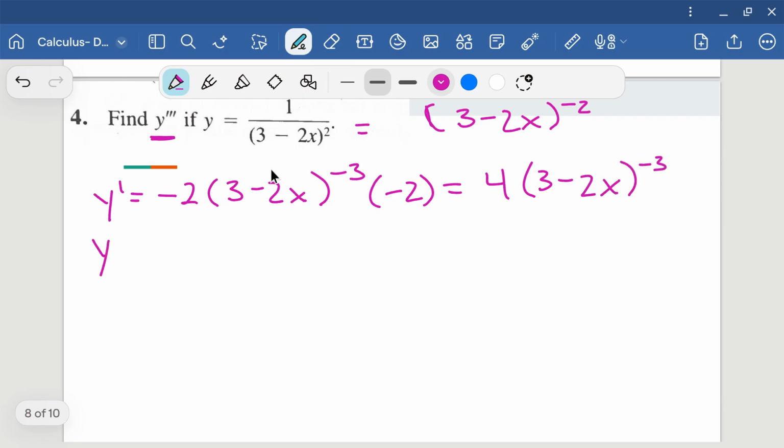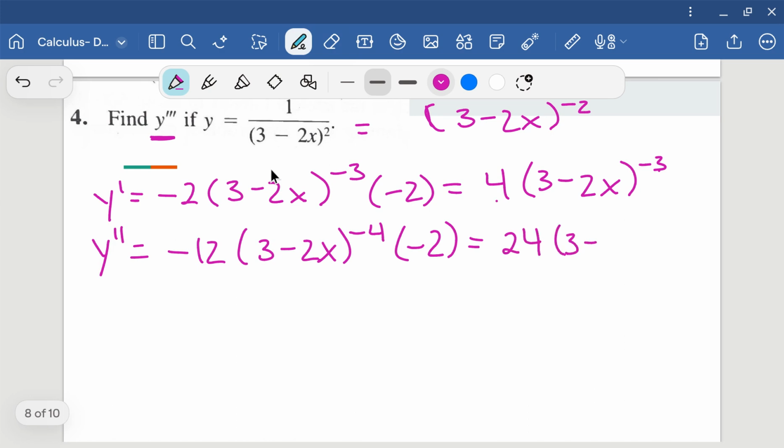Now if I want the second derivative, I am using the power rule again. So bringing that negative 3, multiplying it by 4 to give you negative 12. Then 3 minus 2x is still there. Subtract 1 from the exponent, and then multiply by the derivative of the inside. This simplifies to 24 times 3 minus 2x to the power of negative 4.